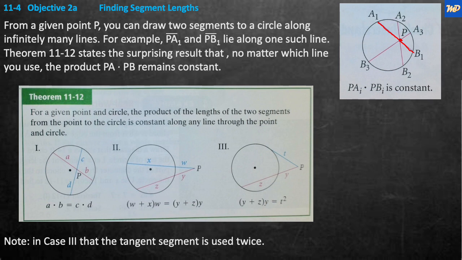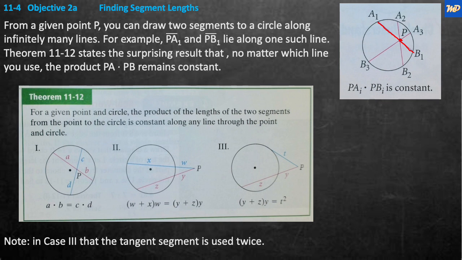So now theorem 11-12 says for a given point and circle, the product of the lengths of the two segments from the point to the circle, that's what we've been talking about, is constant along any line through that point and the circle. It's amazing.